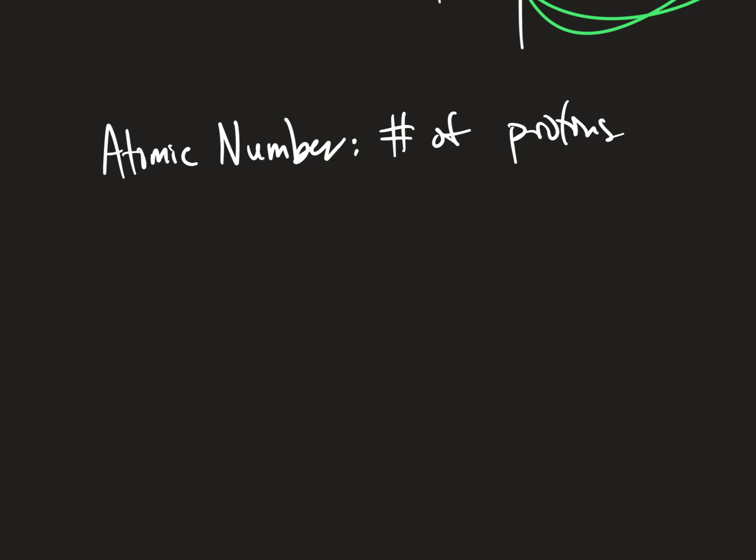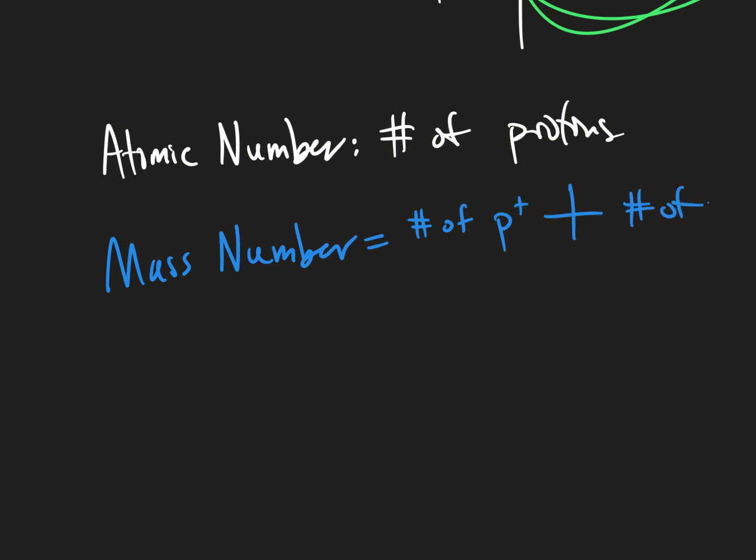Okay, the next thing is the mass number. And I'm not going to give you a definition this time. I'm going to give you an equation. Mass number equals number of protons plus number of neutrons. Why is that? Let's make sense of that. Why is it the number of protons plus the number of neutrons?